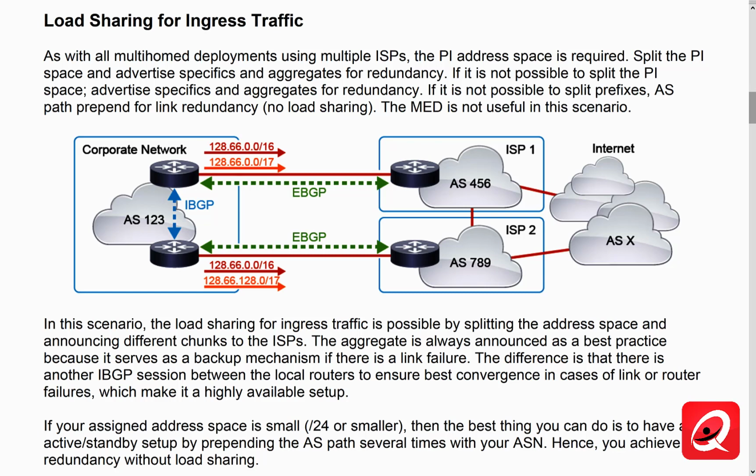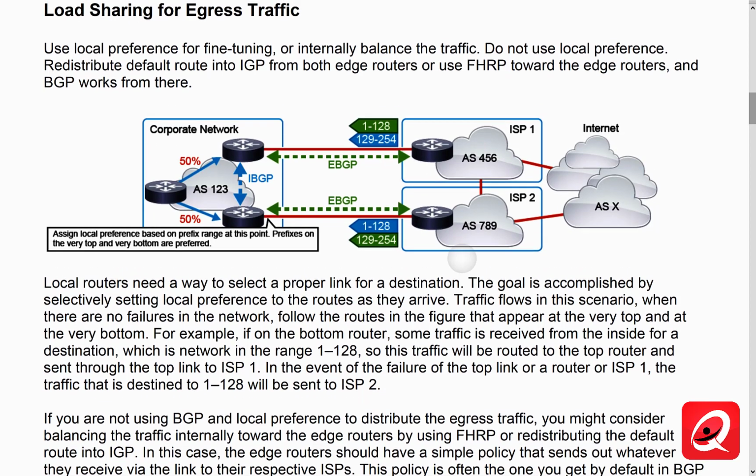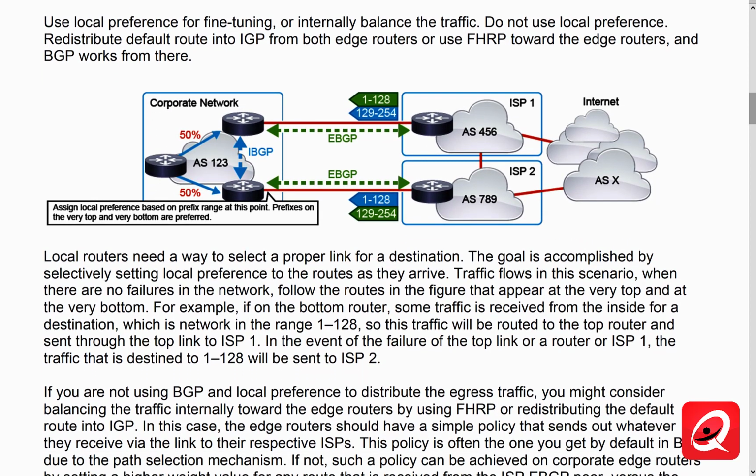The only difference is there may be another type of attribute that we might want to use to influence how we leave our domain, our autonomous system. So if we want to try and get 50-50 load sharing, or even have preference routing based on the prefixes originated by the service provider, we would still be applying the same types of attributes.